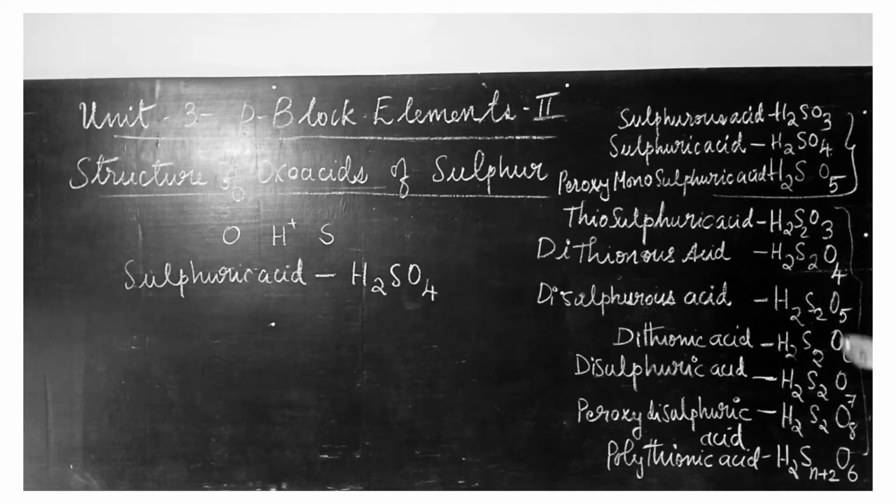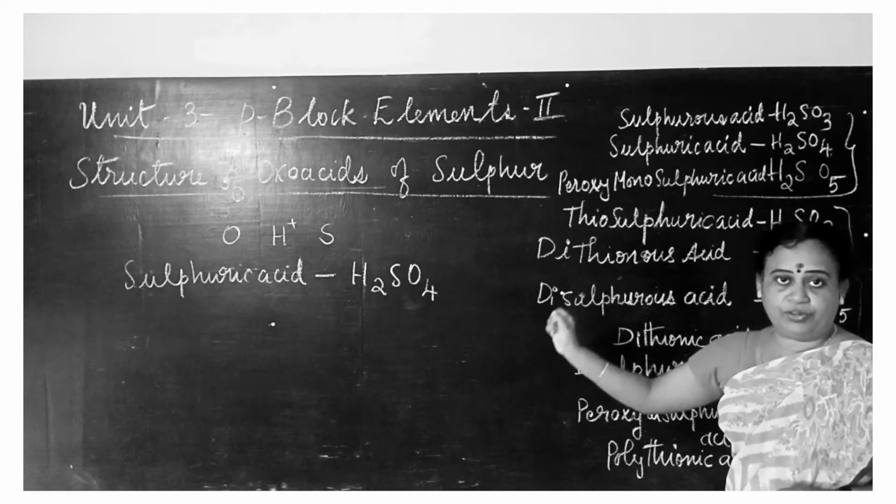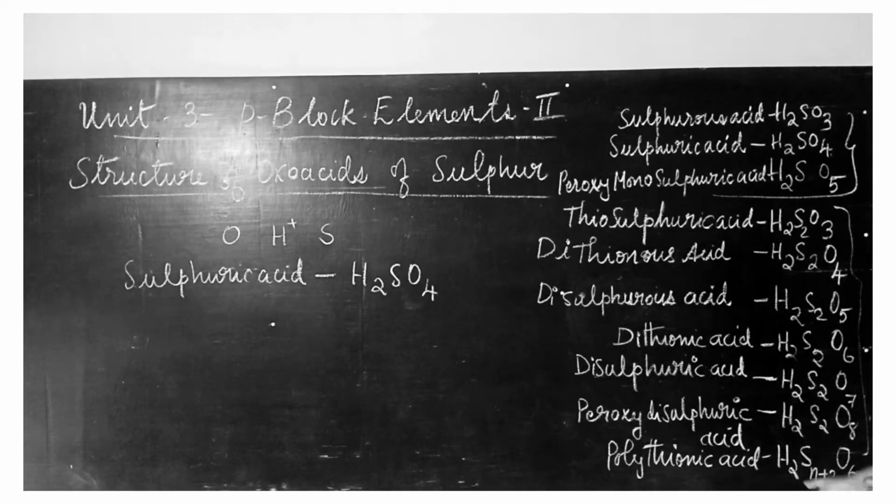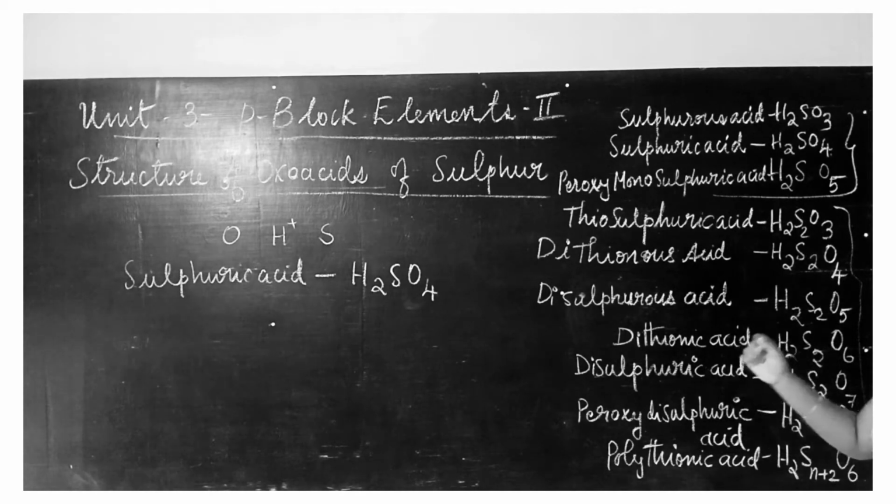Now we should also learn how to write the structure for all these oxoacids one by one. The important oxoacid of sulfur is H2SO4, sulfuric acid, and from this formula all other formulas are derived. I will explain how the names are derived and how the structures are written.